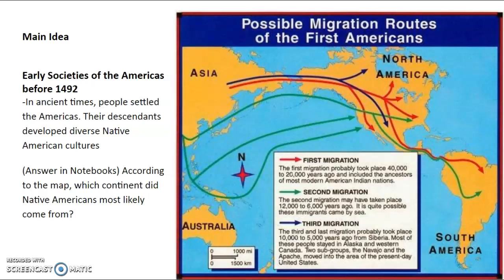So the red one is the first migration, some 40 to 20,000 years ago. The second one was the green arrow, 12 to 6,000 years ago, and you can see some of them came by sea. And the blue arrow is the third migration, which happened between 10 to 5,000 years ago. And these people came from all these places where the arrows start.